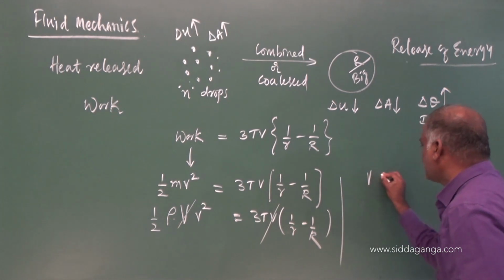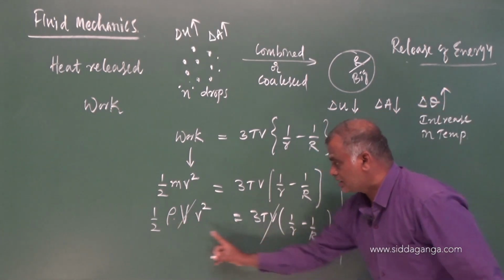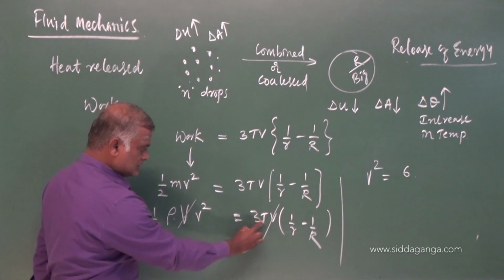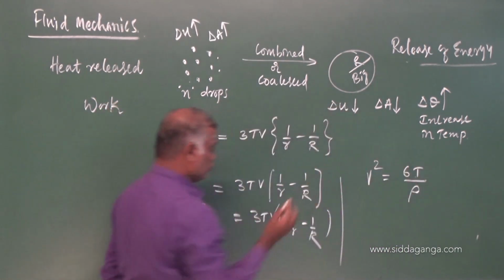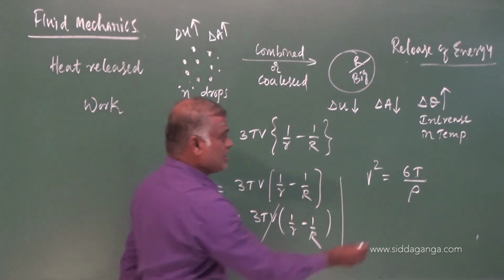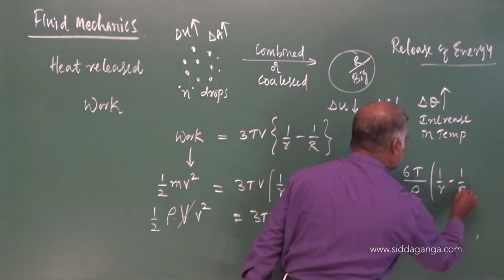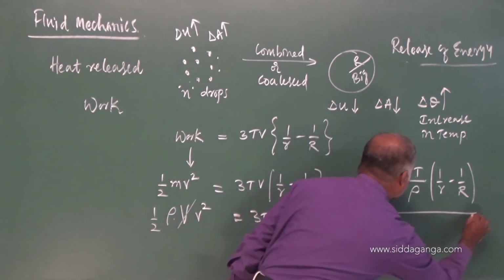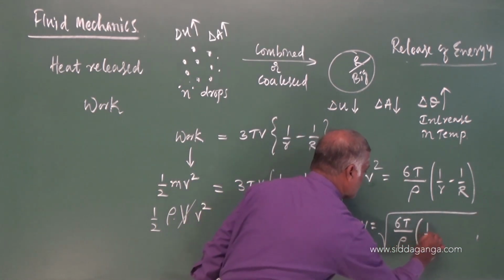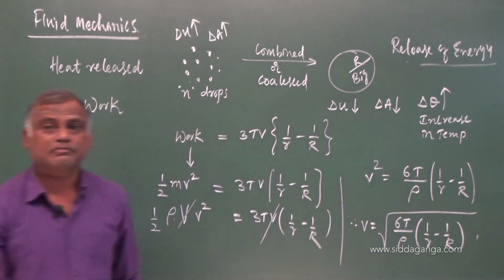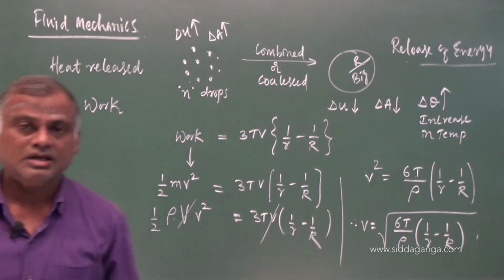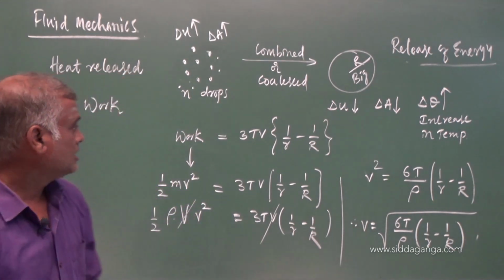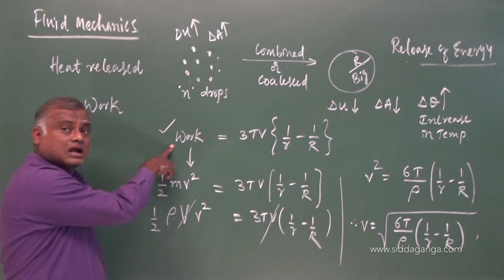I need v square is equal to rho comes to the denominator, 2 multiplied by 3 is 6T divided by rho, again the remaining answer 1 by r minus 1 by R. They are asking velocity, therefore velocity v is square root of 6T divided by rho into 1 by r minus 1 by capital R. So this you must keep triggered in your mind in order to arrange this answer that we derived in yesterday's class.